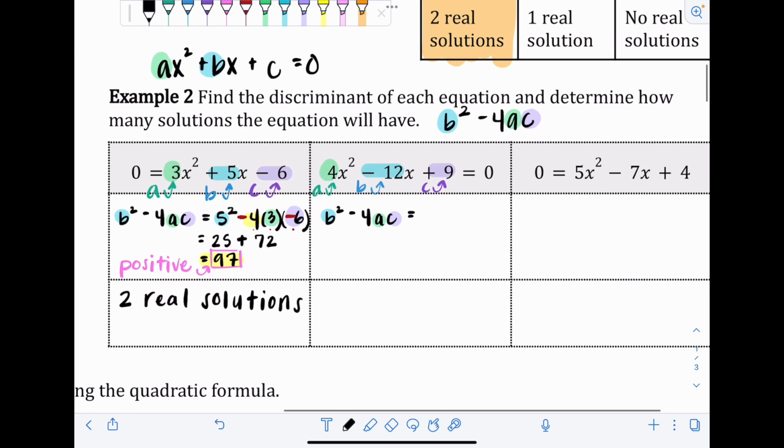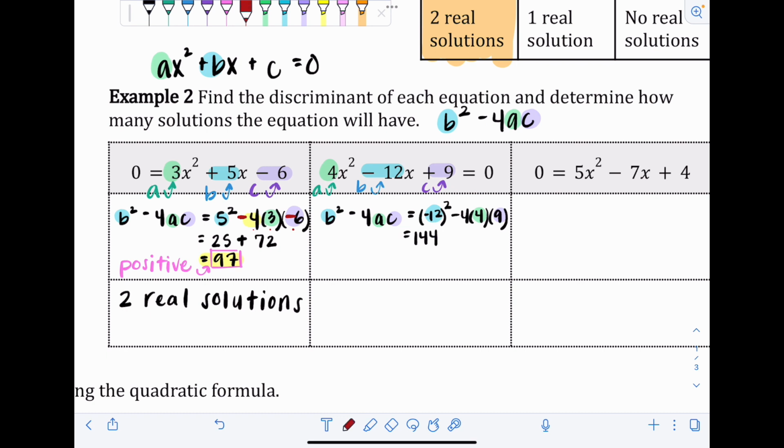So negative 12, I'm going to put that in parentheses. Since b is being squared, I have to square the whole thing, all of negative 12. And then minus 4 times a, which is also 4, and then times c, which is 9. And then if I square negative 12, it's negative 12 times negative 12, which would be positive 144.